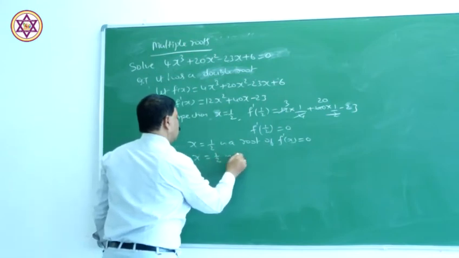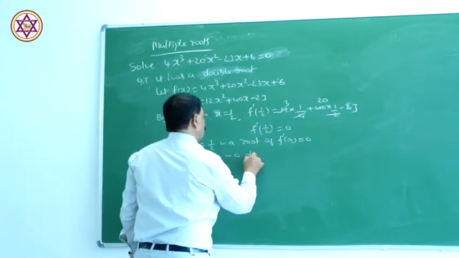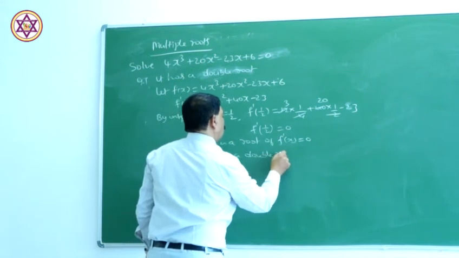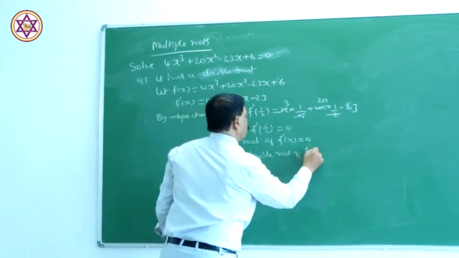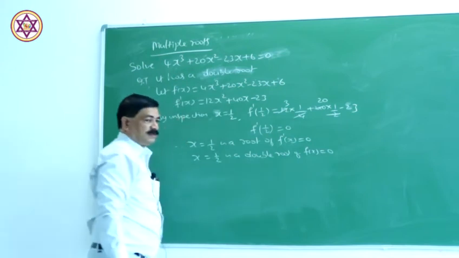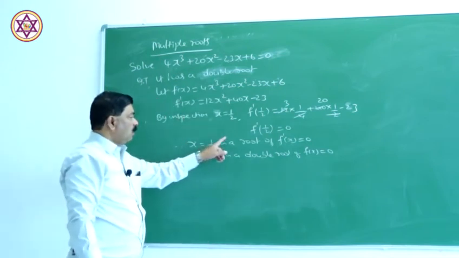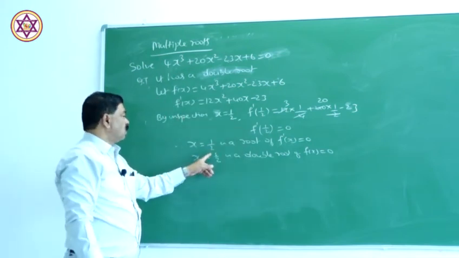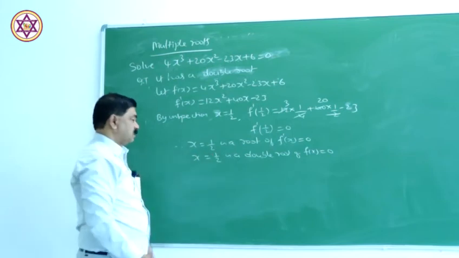Therefore, x is equal to half is a double root of f of x is equal to 0. If it is a single root in f dash of x, it means that it is a double root in f of x.